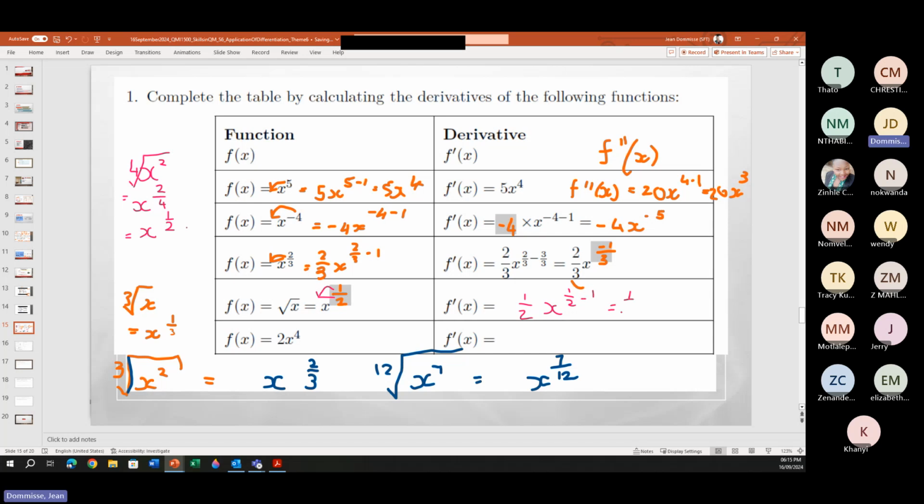Let's first simplify that: minus 1 is minus 2 over 2, which gives a half x to the power of minus a half. Okay, so again, just showing you how to do that.